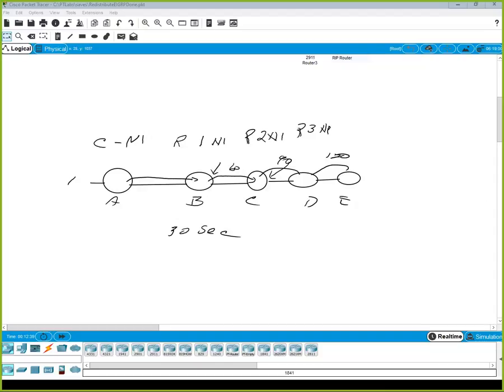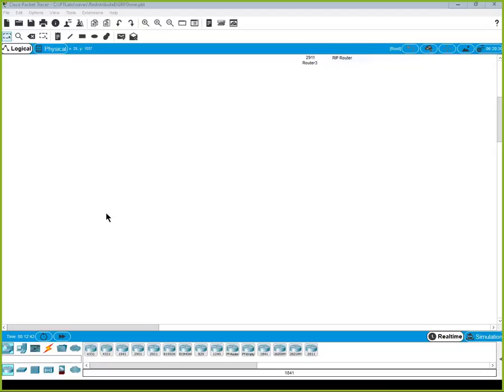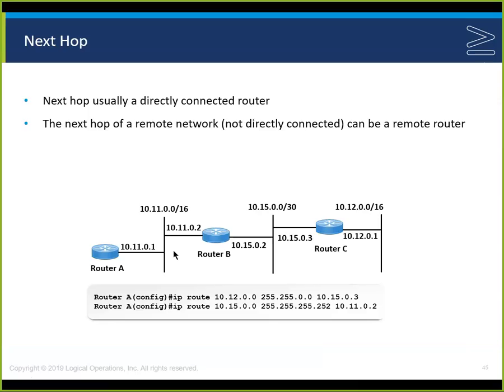The more sophisticated ones only do updates if there are changes. They don't broadcast everything. So the next hop, usually connected to the router. This is one of the remote next hop is one of those kind of, I think, a little odd. We point out in this thing we have the router A here, IP route 10.12.0.0, where we're going to, goes to 10.15.0.3, which is not the next hop.